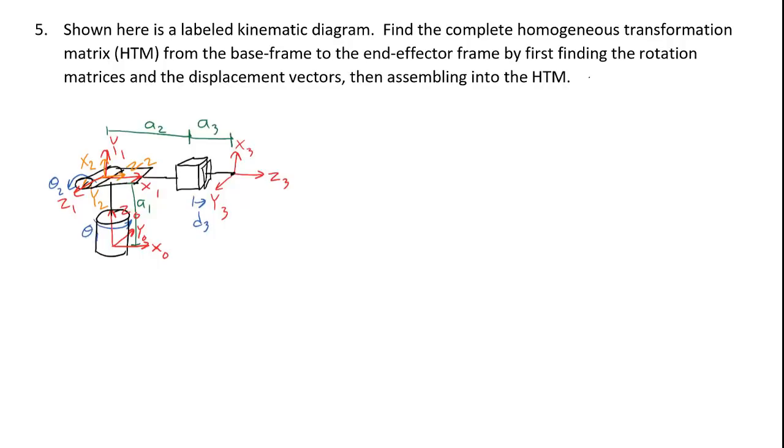So we know that the homogeneous transformation matrix from 0 to 3 can be gotten by multiplying together H01 times H12 times H23. So I need to find each of those individual matrices, and then we can get the final matrix by multiplying them together.